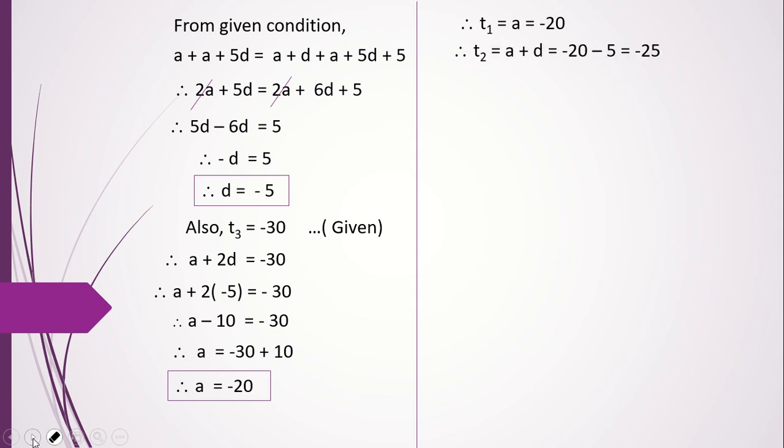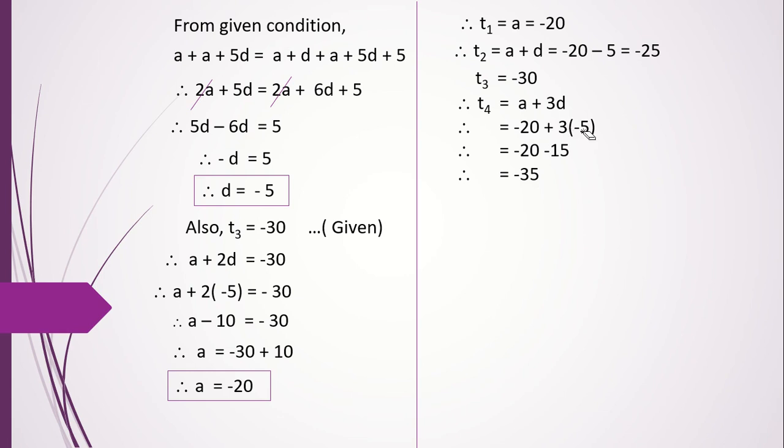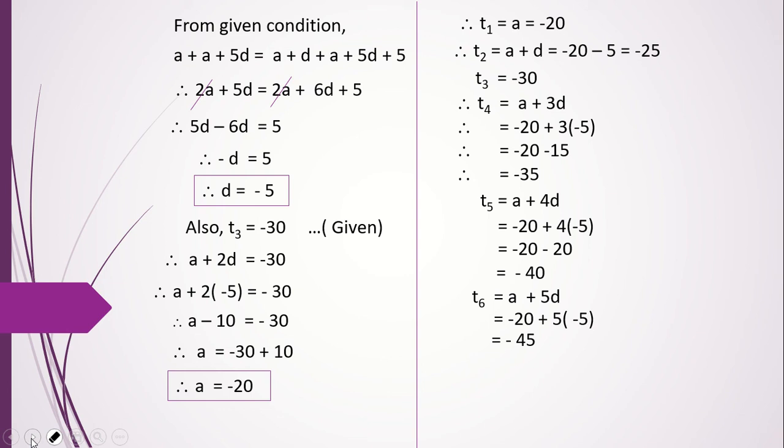We get t1 is minus 20, t2 is minus 25, t3 is already given, t4 we solve and we get minus 35. See, a is minus 20, d is minus 5, right? 5 threes are 15, so that's minus 15. Minus 20 minus 15 is minus 35. Similarly, we solve t5 and get minus 40, and t6 we get minus 45.